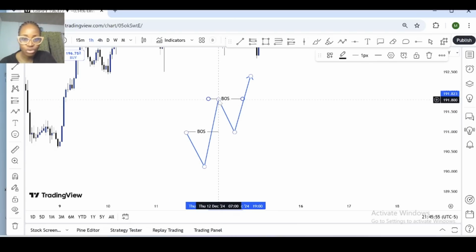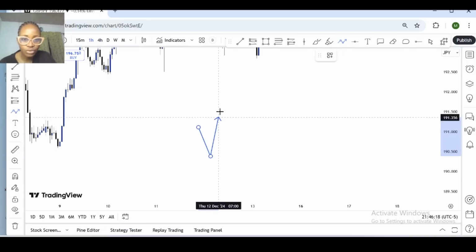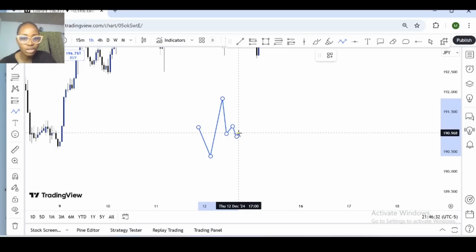Now let me show you how I trade. If price is in an uptrend, the first thing I want to see is a break of structure like this. That's the first thing. And I also want to see price retracing downward like this, trying to act as if it's going to push to the upside, but at this point trying to engineer liquidity.